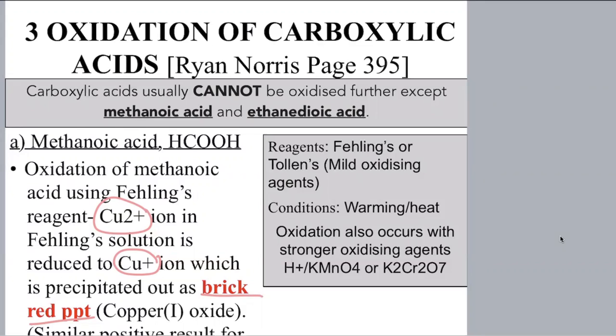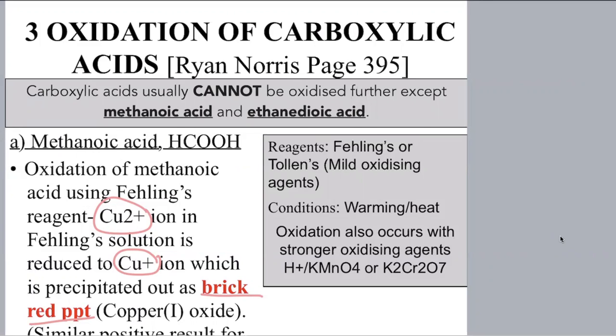So when you see a silver mirror with Tollens reagent or a brick red precipitate with Fehling's reagent, now you know that it can be aldehyde or methanoic acid. Okay, in AS you will only know that Fehling's and Tollens will only be positive for aldehydes, okay?